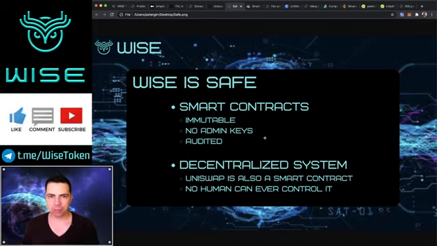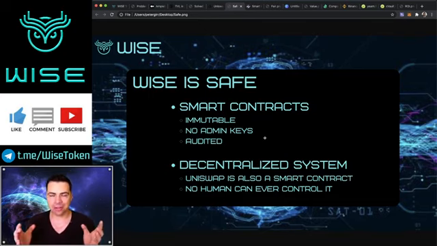If you compare that to pretty much every single other crypto being made right now, that's not the case. You're going to find things that are not immutable, they have admin keys, and they're not audited. They're kind of just launching and then going with the flow. That's kind of the norm in cryptocurrency right now. Well, Wise didn't do it that way.